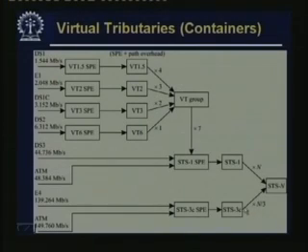The point is that you just extract the bytes for the stream, container or tributary that you are interested in, and the others keep on travelling as they are. You do not demultiplex the whole thing. That gives a great advantage for add drop multiplexing.